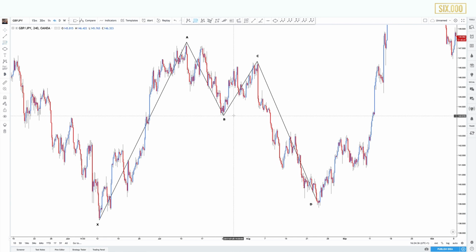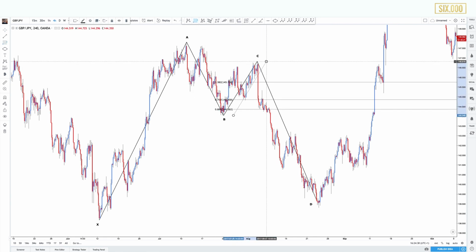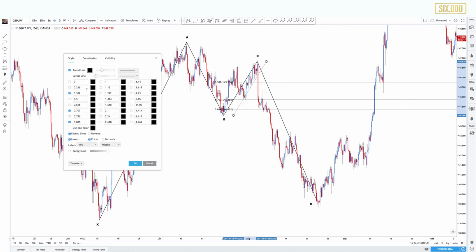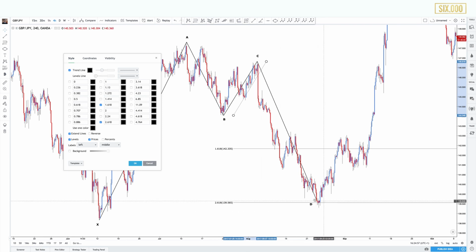And this is the most important element of the pattern that we're looking at, the potential reversal zone. This is what defines the reversal for the pattern. We're looking at, of course, a D point or a D leg. We're looking at a minimum of 1.618. We're going from B to C with the Fib retracement tool, and the maximum of 2.618. And we can see price confirmed that ratio almost perfectly, and that is when we got the reversal.